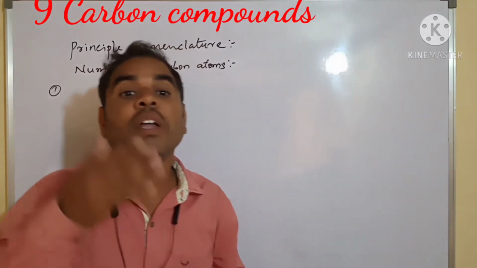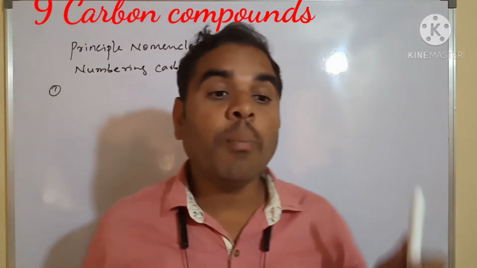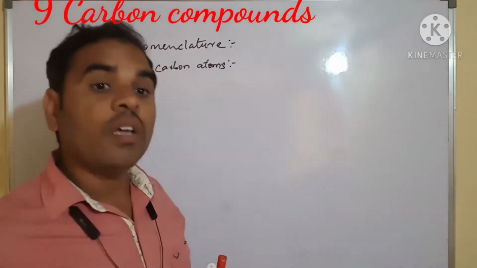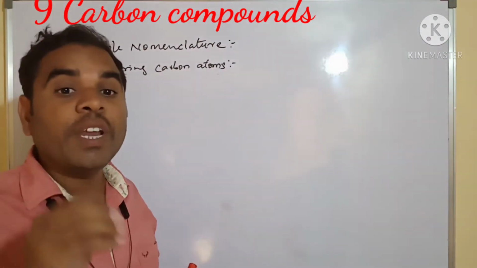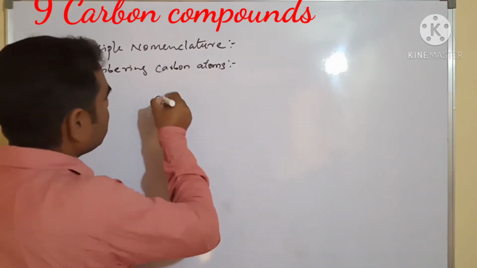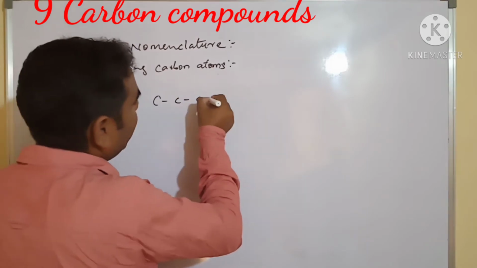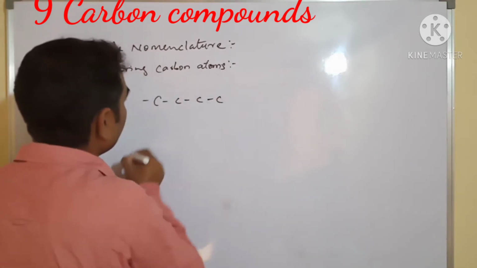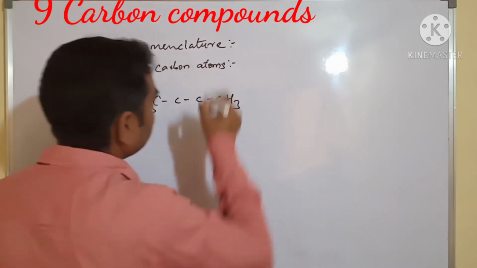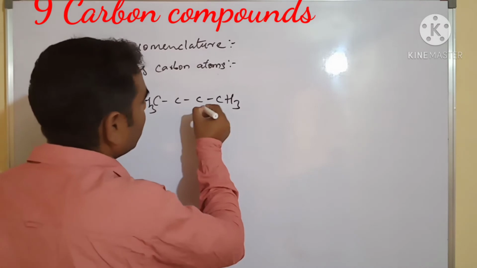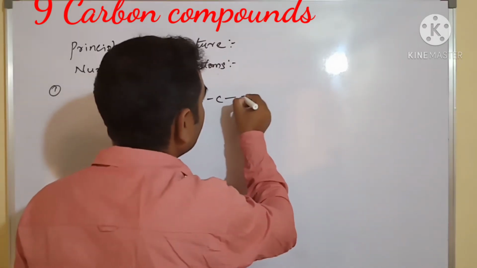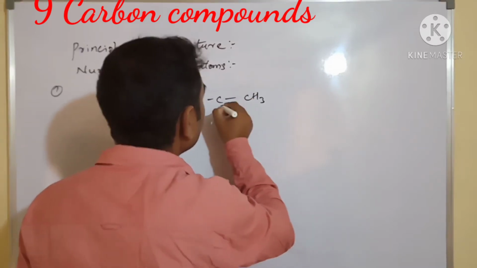We can number the carbon atoms from left to right or right to left, so that the sum of the numbers indicating the position of substituents and functional groups should be the minimum possible. For example, see these carbons. This is a CH3 and this is a CH3. Here we take another carbon.